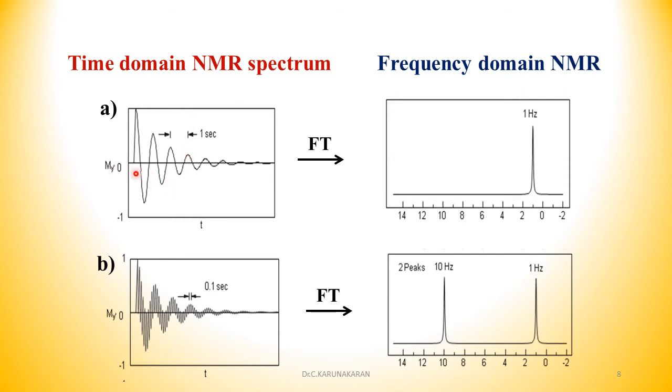The magnetizations along the x-axis and y-axis are called transverse magnetization. It decreases with respect to time. This FID signal is called the time domain NMR spectrum. This does not give any useful parameters.